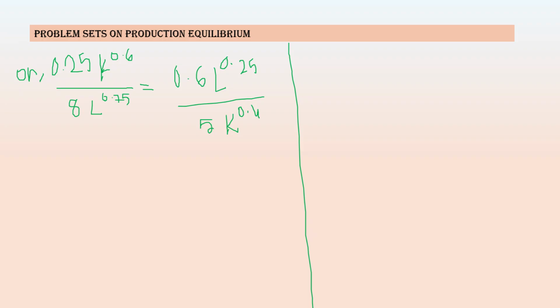Right? And if we solve this, we'll get something like this: 0.03125 equal to 0.012 L. Sorry, there'll be a K right here.